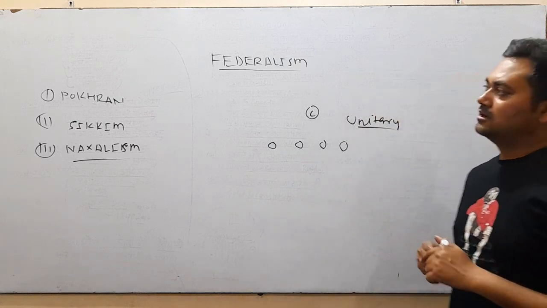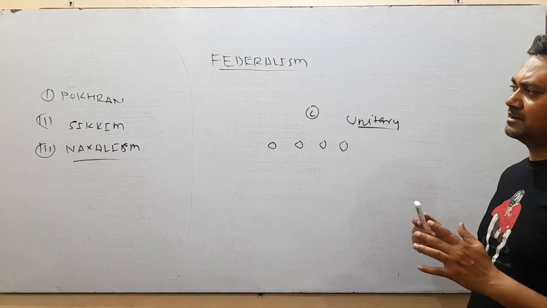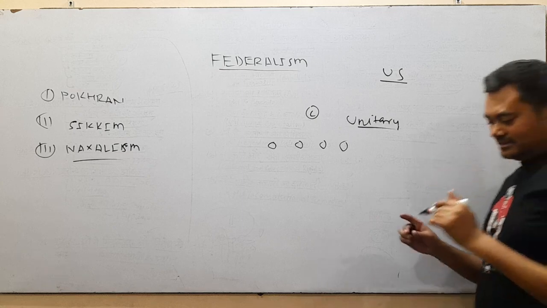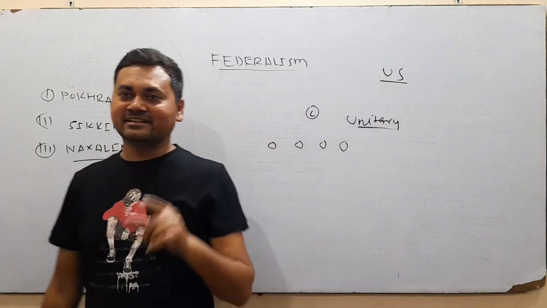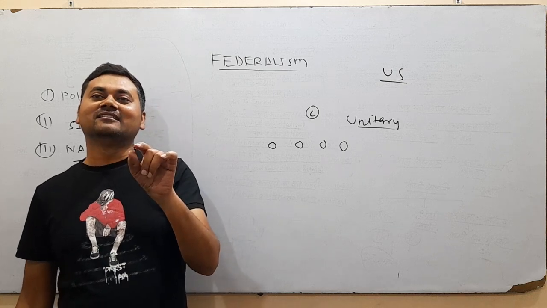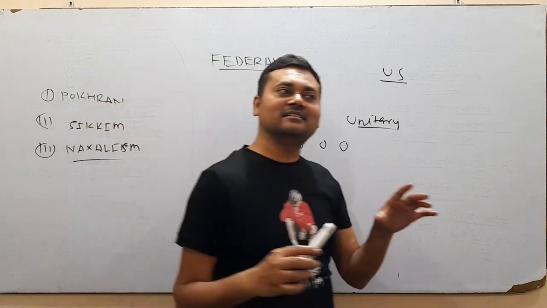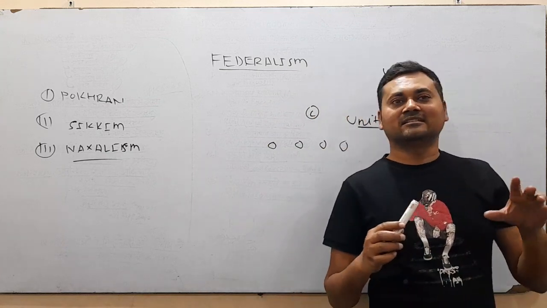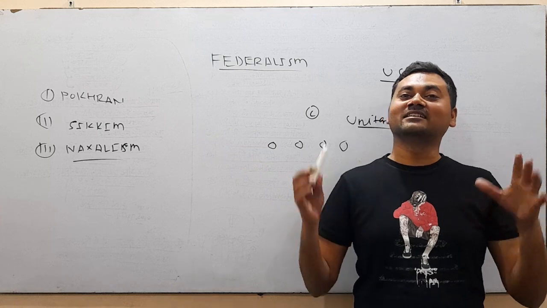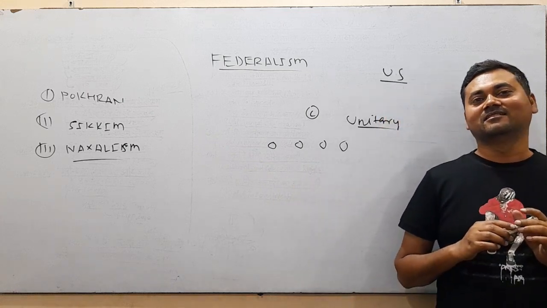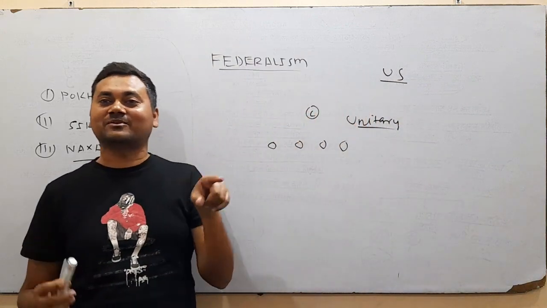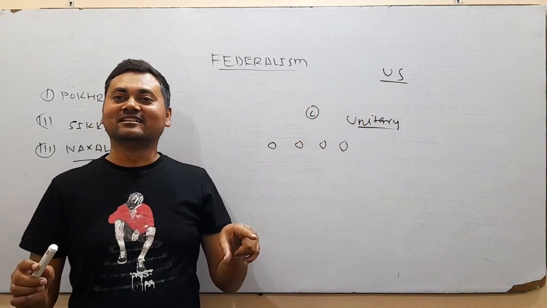Let me give you one very famous example related to US democracy, or the Constitution of the USA. In context to the USA, it is said that the USA is a destructible union of indestructible states, whereas in case of India, it is just the opposite.